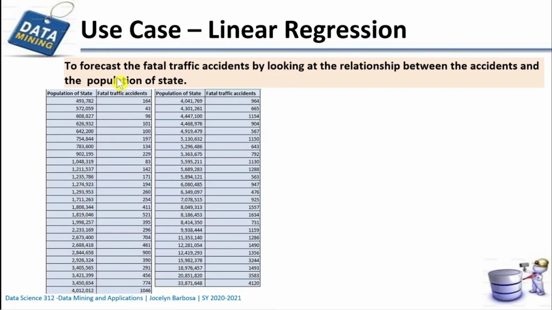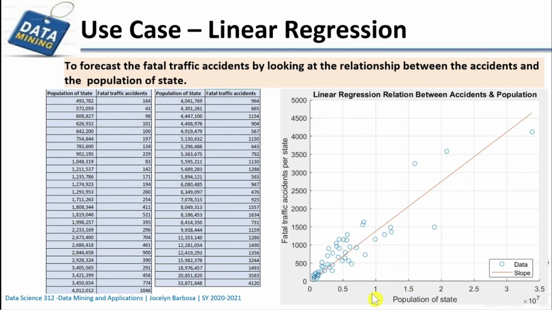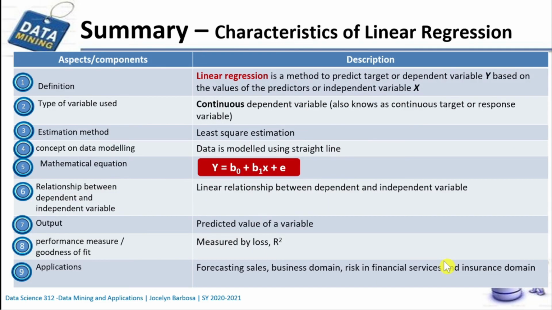And also to forecast fatal traffic accidents by looking at the relationship between the accidents and the population of the states. So let's take a look at the graph. It is also telling us that as the population increases, there is a high likelihood that the number of accidents also increases.